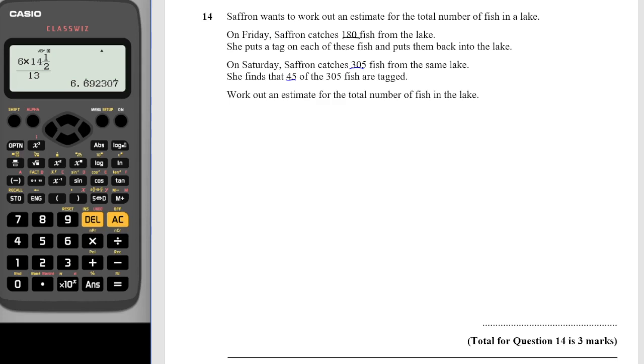My method for this: out of the total population, 180 were caught, and that's going to be equal to the fraction that were caught the other time, 305 over 45. Most people tend to put these fractions the other way around, which is absolutely fine. My version just saves a step in terms of simplifying. So 305 times by 180 divided by 45 will give me my answer. That's going to go in 4 times.